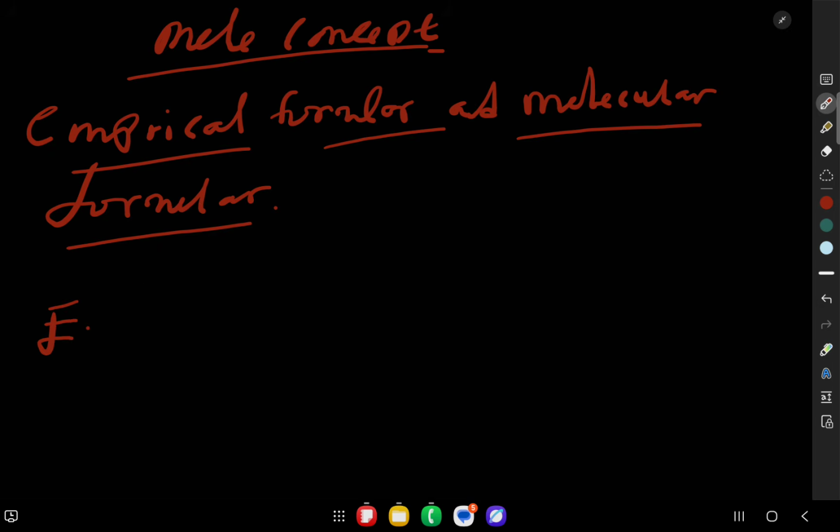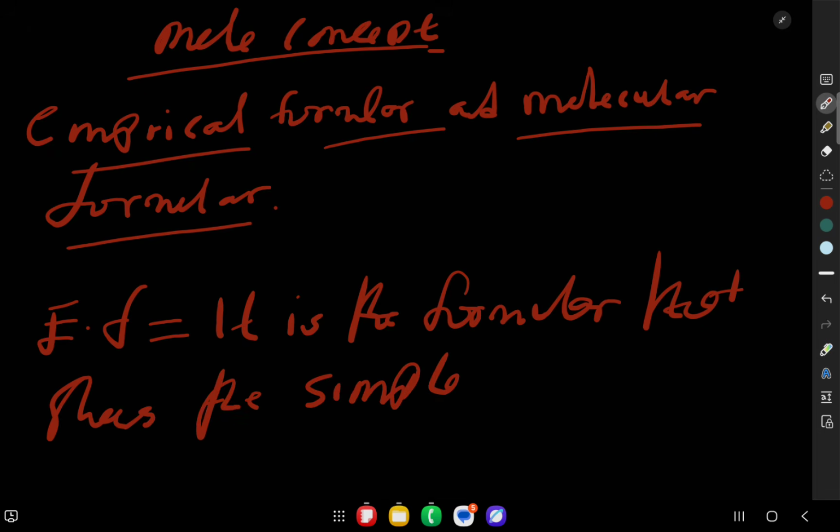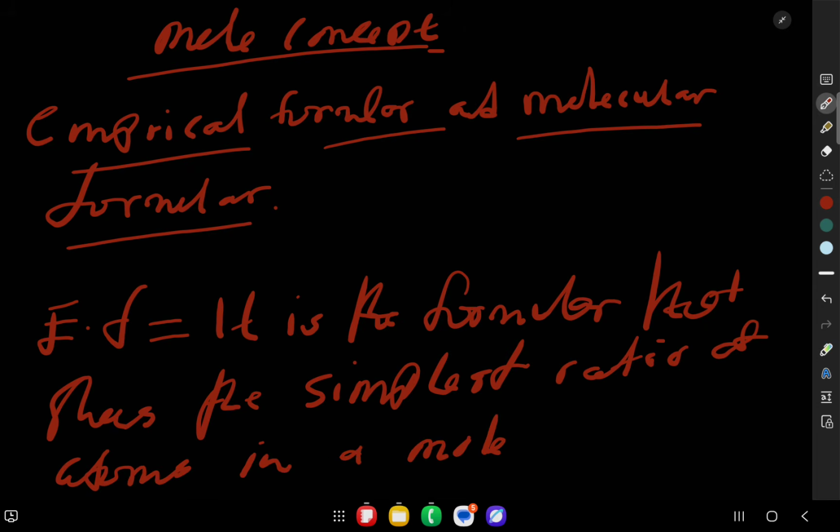What is an empirical formula? EF. So an empirical formula, it is the formula, as according to its name, that shows the simplest, or in other words, the lowest ratio of atoms in a molecule or in a compound.